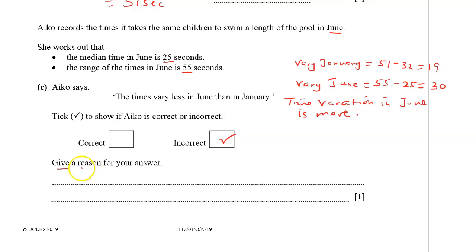Why I'm saying Aiko is not correct: we find that in June, the time variation, which is 30, is more than the time variation in January, which is 19. So Aiko is wrong.